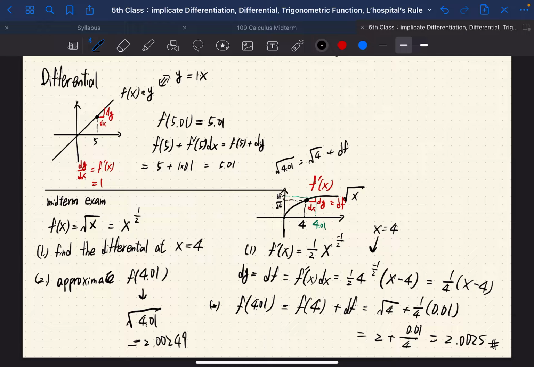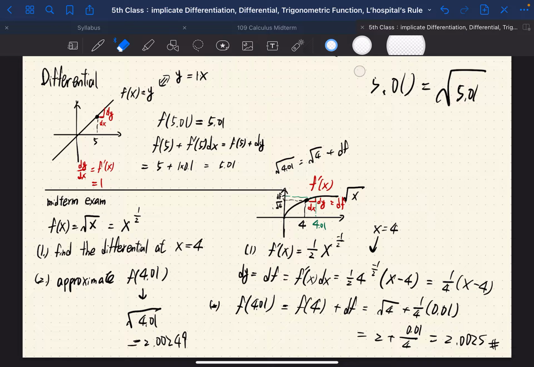So when we want to know something like f of 5.01, it looks like a hard question, right? Because if it wants you to do something like this, it is hard. So we have a special technique to calculate this.